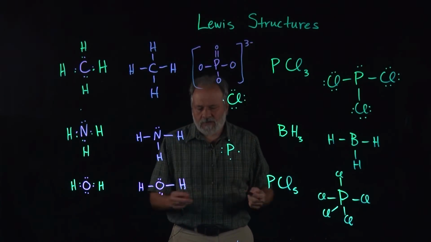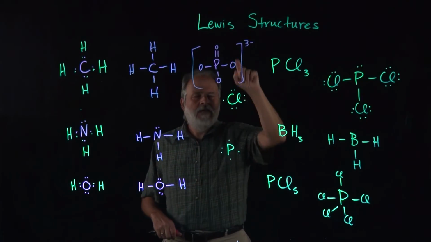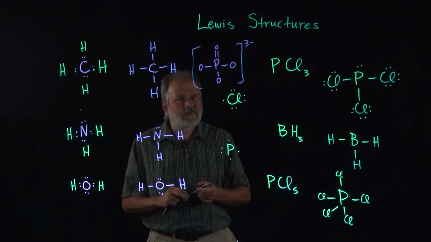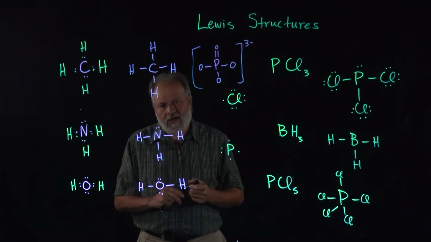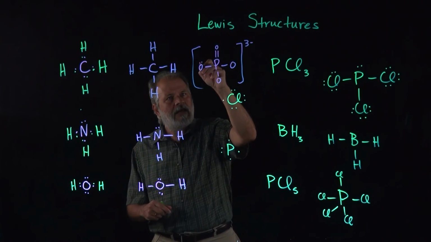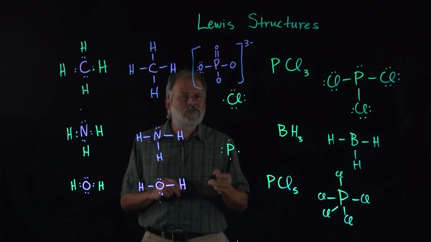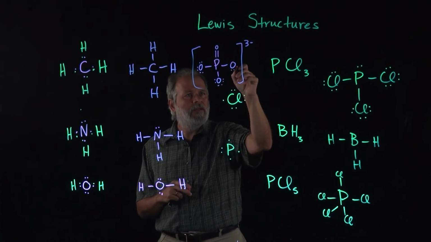Okay, so first of all, the Lewis structure of an ion, we draw in square brackets and we put the total charge of the ion on the outside. So this is the Lewis structure for phosphate, not showing lone pairs on oxygen. You add all the electrons on oxygen. So notice that this oxygen has 3 lone pairs. That's very unusual, but it does happen.